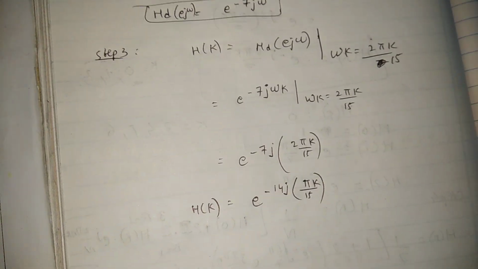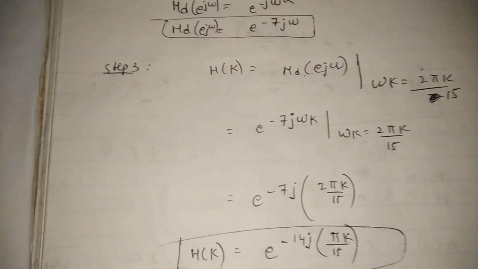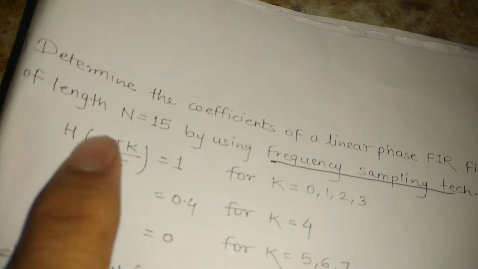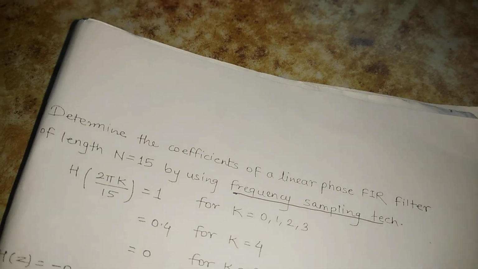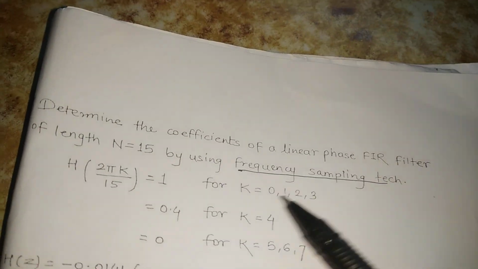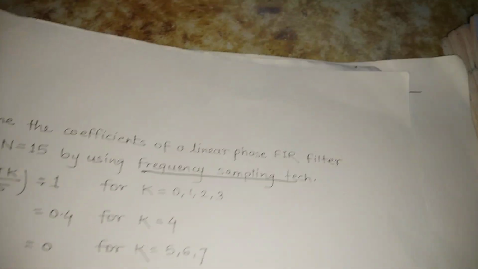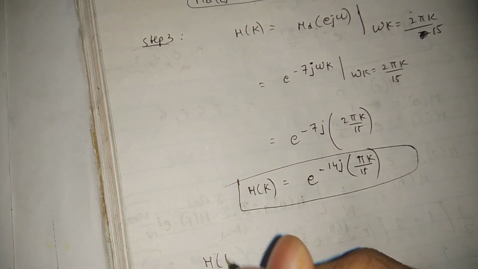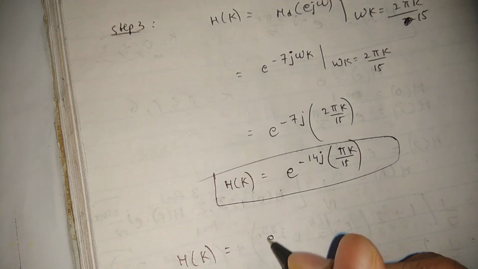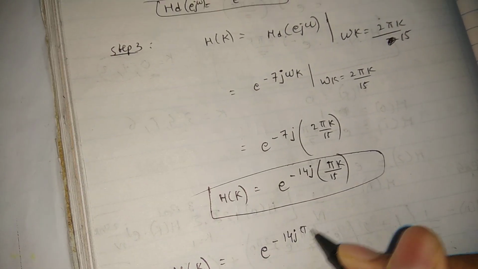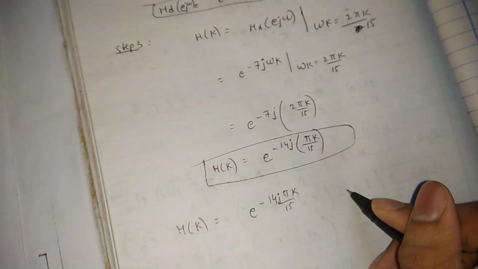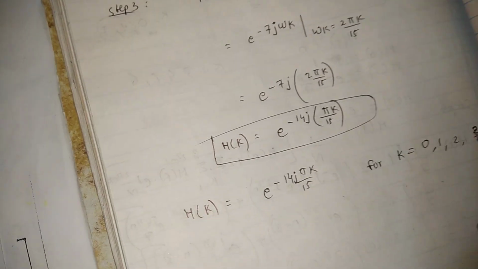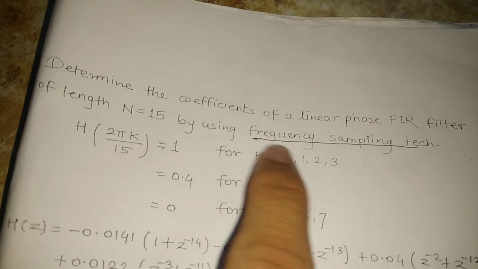Now do one thing, this is your H of k, and in the question you have been given H of 2 pi k by 15, that means it is equal to 1. What I'll do, I will just multiply 1 with H of k. So H of k is equal to 1 into this full term, e raised to minus 14j pi k upon 15, for k is equal to 0, 1, 2, 3, as mentioned in our question.